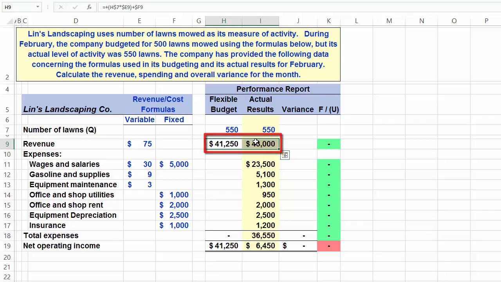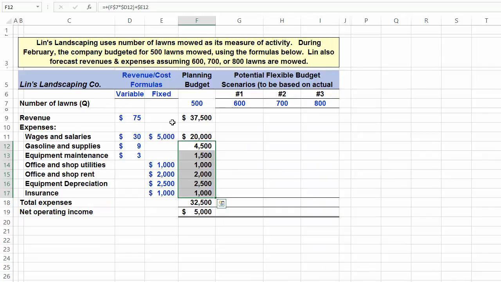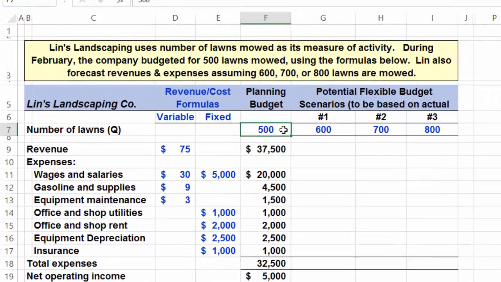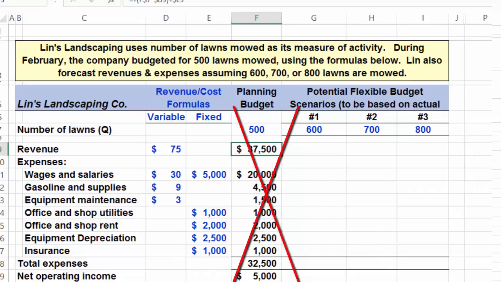And it's important to note here that old planning budget based on 500 lawns and a revenue level of $37,500 is no longer valid.